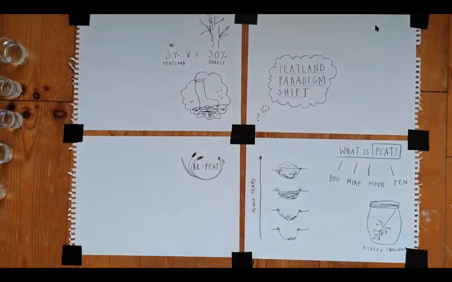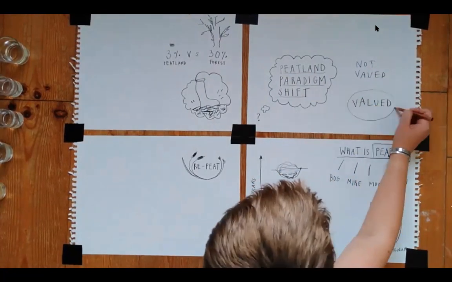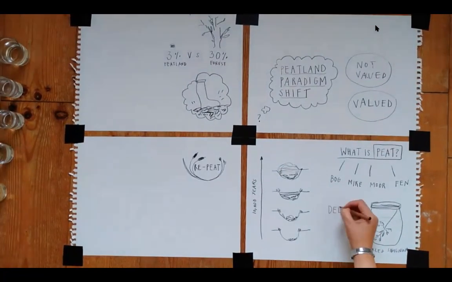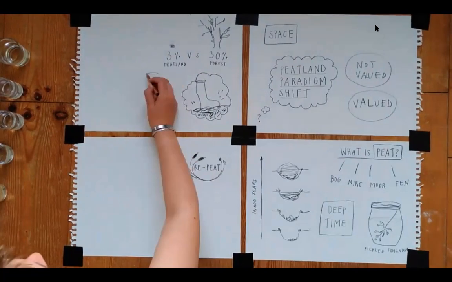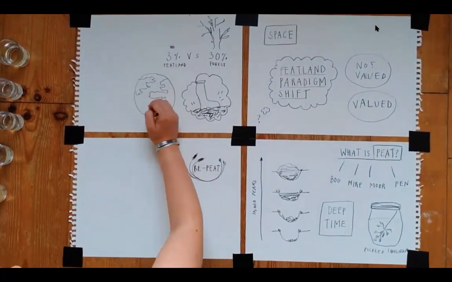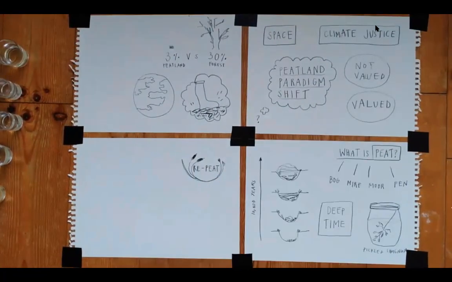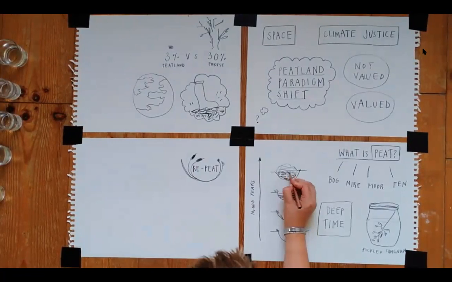Wow, but what exactly is a peatland paradigm shift? Well, put simply, a peatland paradigm shift is the shift in perception that happens when you go from not valuing peatlands to valuing them. Because when you appreciate peatlands, you also learn how to appreciate the memories of deep time, space, Earth systems, and each other. Oh yeah, haven't lots of bog bodies been found in peat and they were really well preserved?